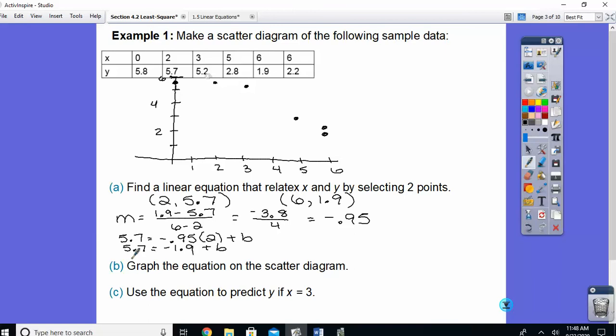Add your 1.9 over, and our b is 7.6. So my actual equation is y equals negative 0.95x plus 7.6.